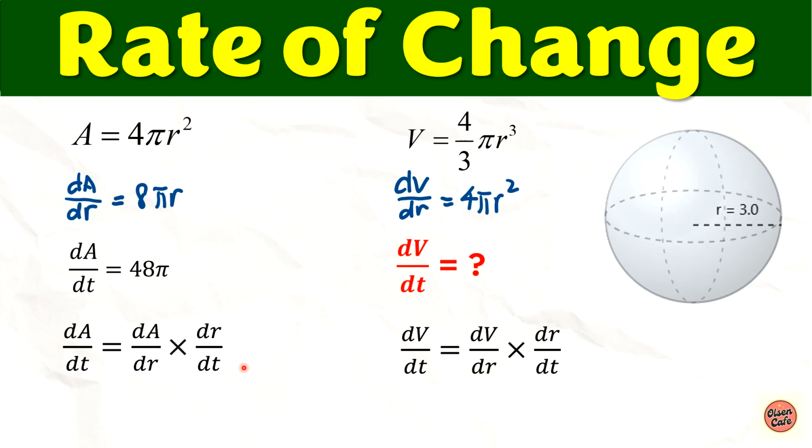Now, comparing the two chain rules, are you able to find something in common? Yes, you notice that they do have dr/dt in common. This is a clue to tell us that in order to find dV/dt, what I need to first find is dr/dt, which is the rate of change of the radius.